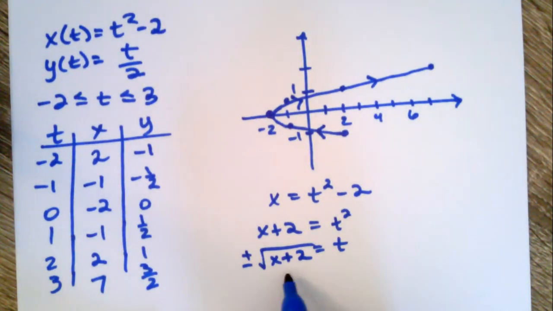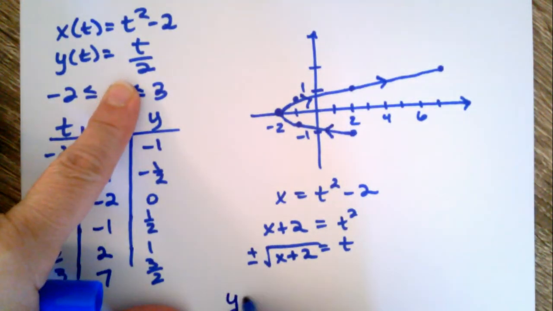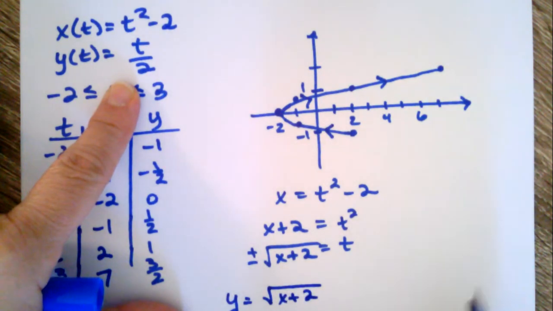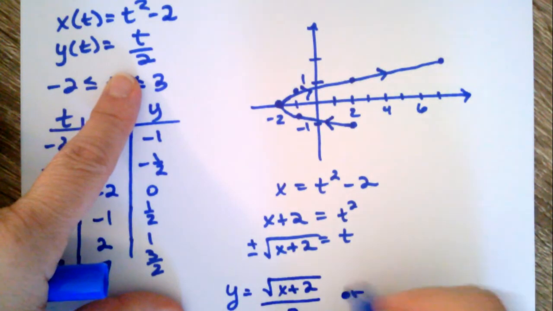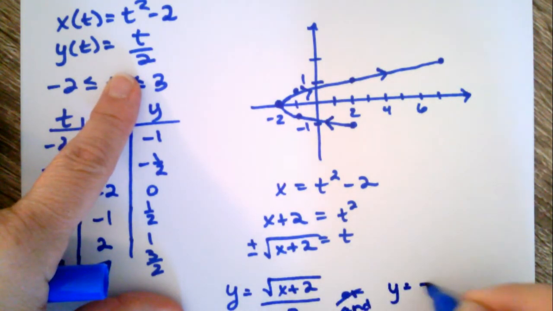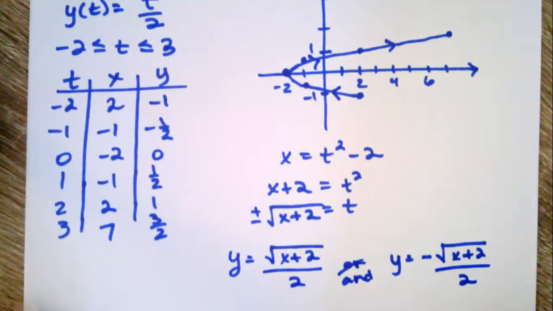And so if I plug these back into my equation for y, I'm going to get y is equal to the positive square root of x plus 2 over 2, or actually I should probably say and y is equal to the negative square root of x plus 2 over 2.